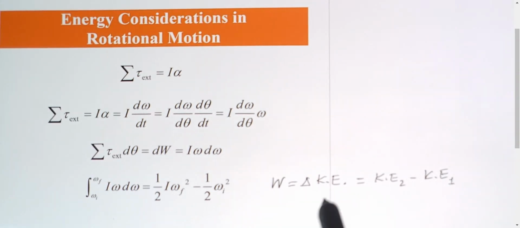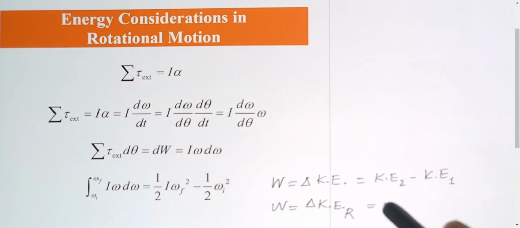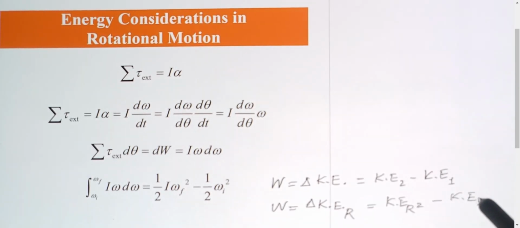And the same concept will apply: work is equal to the change in kinetic energy, but we add rotational kinetic energy, meaning rotational kinetic energy 2 minus rotational kinetic energy 1. This is 2, not squared, 2.